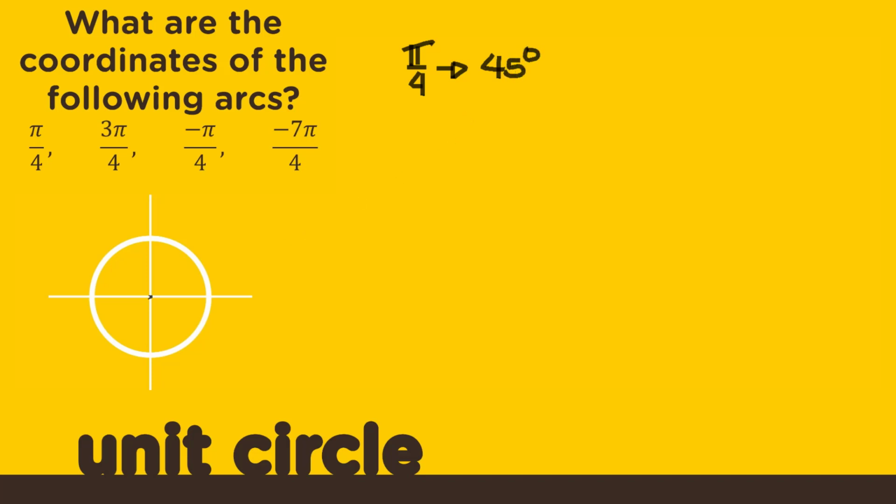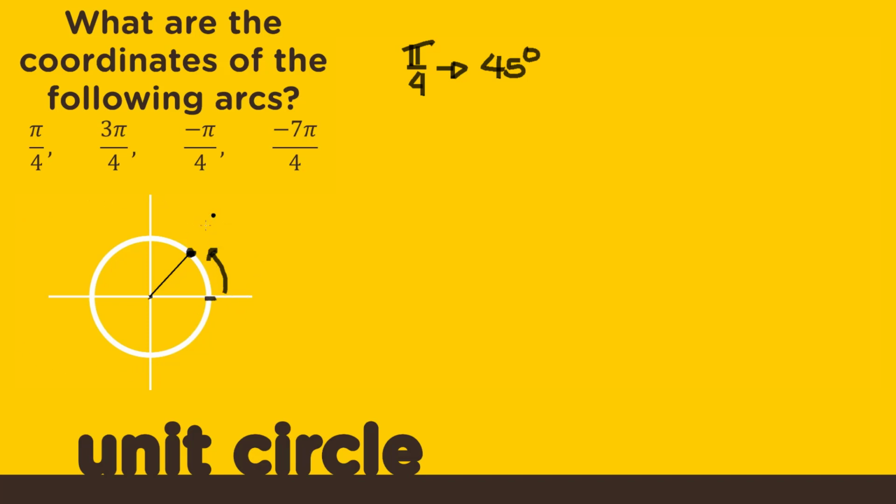So 45 degrees is somewhere here. This is the terminal point for the pi over 4 arc, and take note we're moving counterclockwise because it's a positive pi over 4. If we have positive arcs, we move counterclockwise.